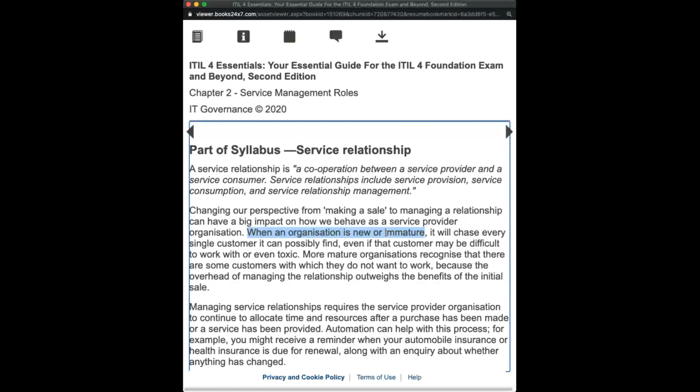So, okay, when an organization is new or immature, it will chase every single customer it can possibly find, right? Even if that customer may be difficult to work with or toxic, right? So that's why, for example, even Amazon did try to drive down the cost. They try to provide 1 day or 2 day shipping, even though it's very expensive, right?